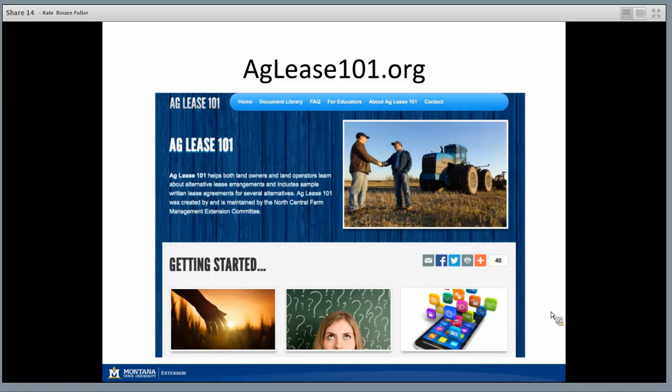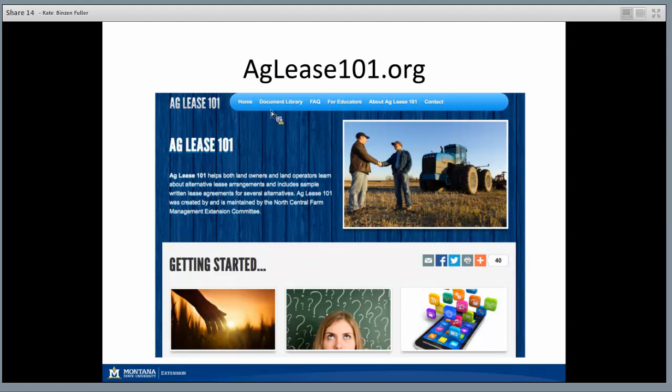Ag Lease 101 is a great resource. A lot of the stuff that you will be interested in is in the document library up here. They have a number of guides on setting up different types of leases. They also have sample leases, so it's a nice place to look for some of those terms and conditions, those lists of what each party is agreeing to do over the course of the lease.